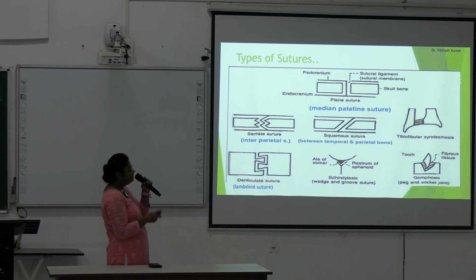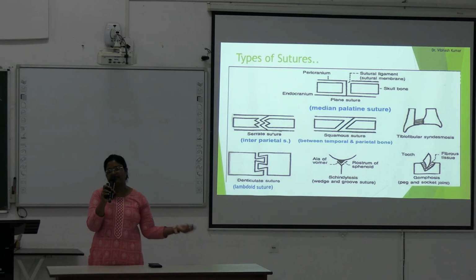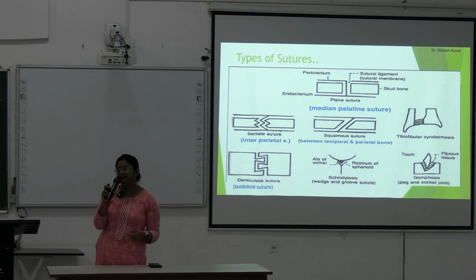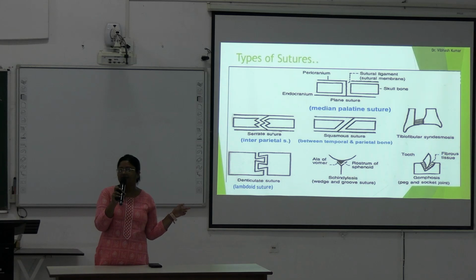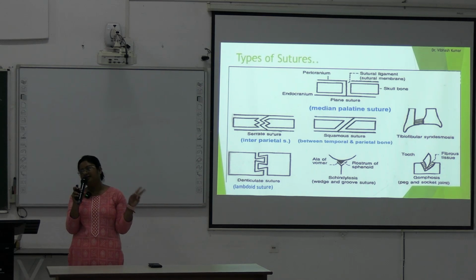All the interosseous membranes connecting bones, like the interosseous membrane in our forearm between the radius and ulna, and in our leg between the tibia and fibula, are also examples of syndesmosis. One interosseous membrane connects the two interosseous borders of the two bones.